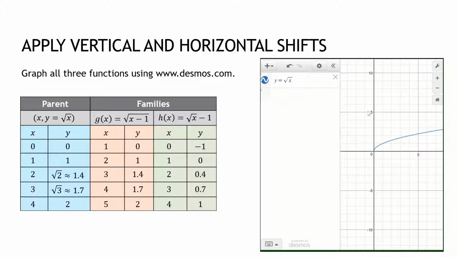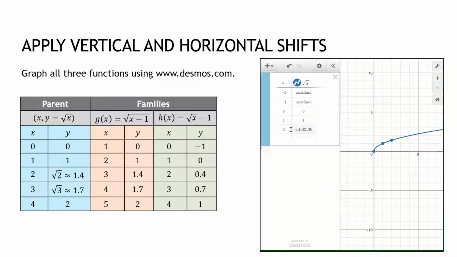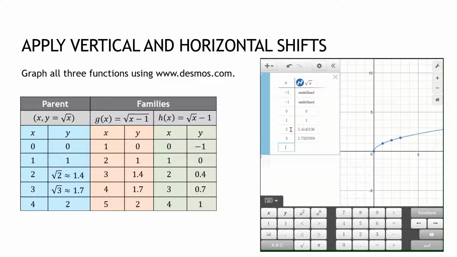And I can also, if I want to, use that handy trick that says make a table. So again, -2, -1, those are undefined. Those aren't even on my table. 0, 1, 2, and if I want to check 3 and 4, I just type in 3 and 4. And I can look at those numbers that I came up with and feel good about the fact that I did it right. Then I'm going to graph my g of x function.